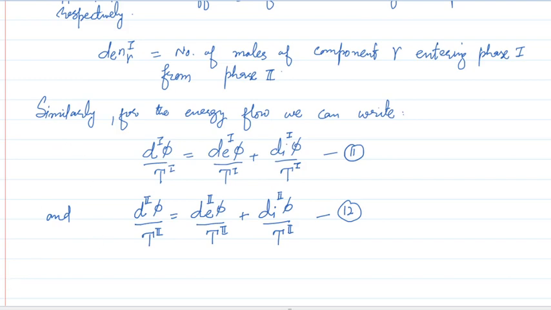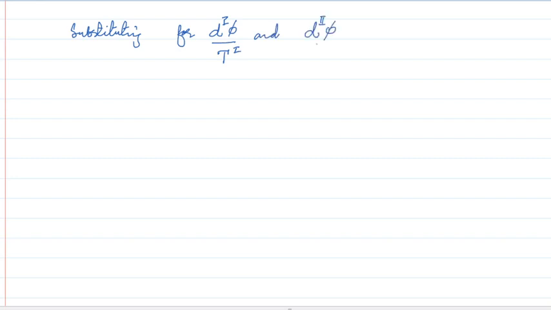So if I have got these, we will simply substitute for D1 pi upon T1 and D second pi upon T second in equation 10.